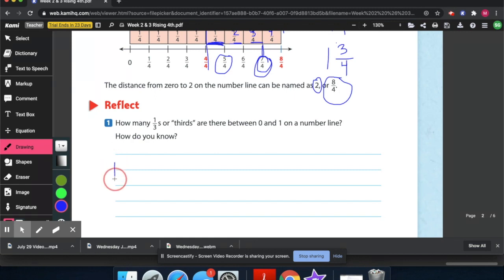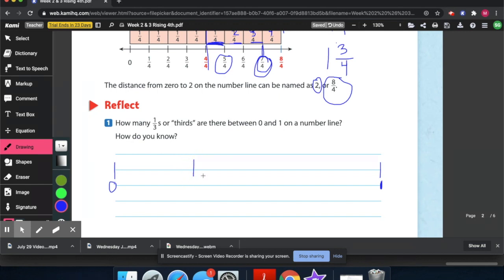Okay, I'm going to write my number line, and I'm going to take advantage of these lines they wrote and make them into a number line. So 1/3. I know my number line needs to have 3 equal parts. I know the last one is going to be 1 whole, and I know the first tick mark is going to be a 0. So I'm going to split into thirds.